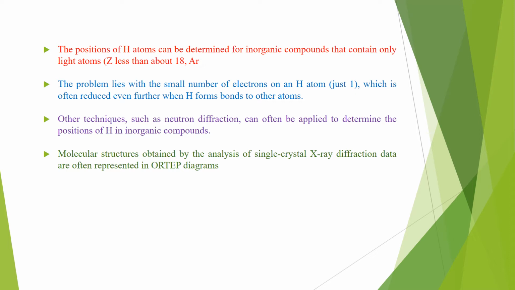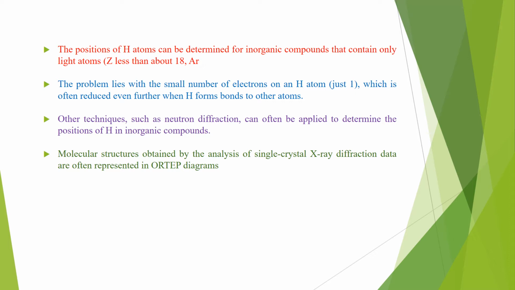The problem lies in the small number of electrons on a hydrogen atom, just one, which is often reduced even further when hydrogen forms a bond to other atoms. Other techniques, such as neutron diffraction, can often be applied to determine the position of hydrogen in inorganic compounds.